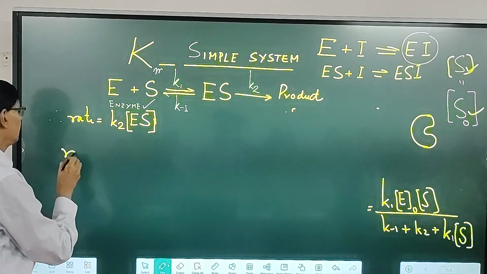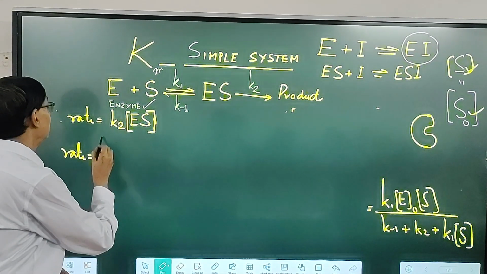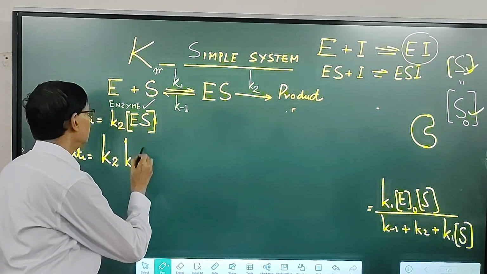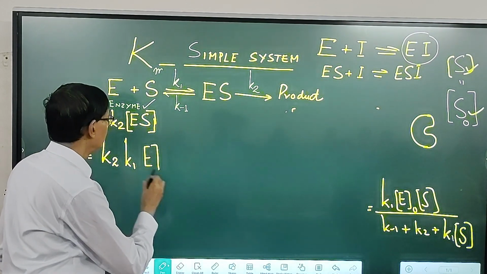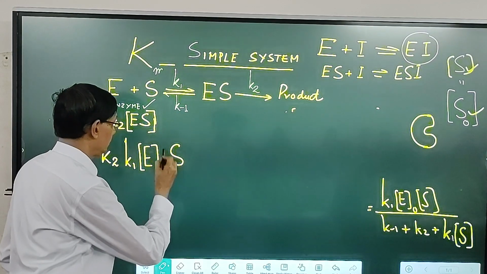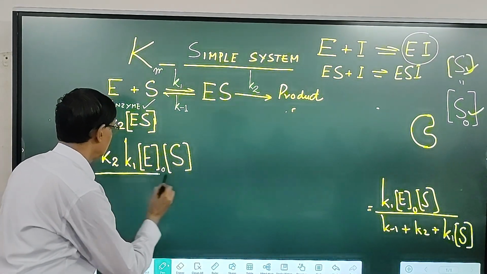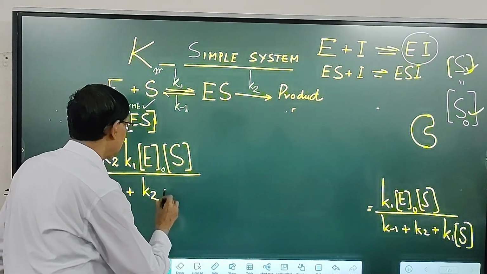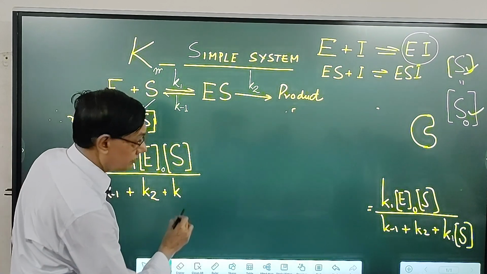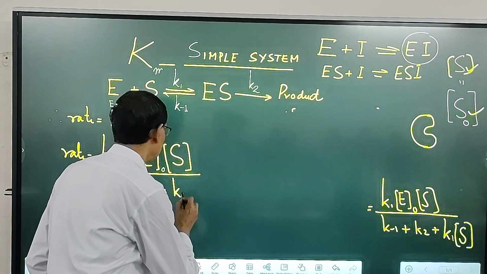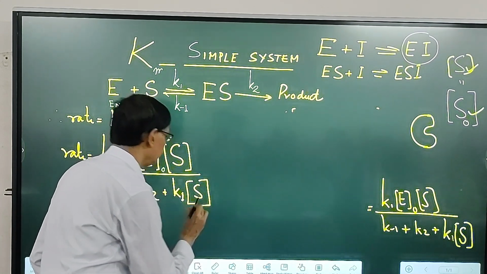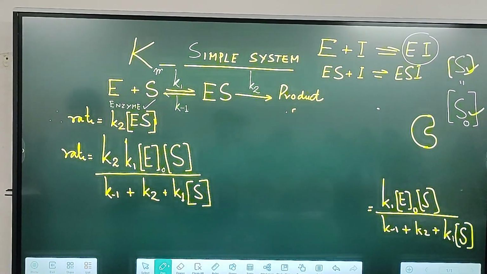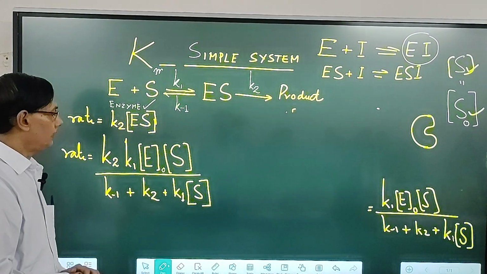So last point is that rate, now K2 as usual, K1, E0, S. Actually, if you read the biography of the Michaelis-Menten research paper or the history, they have done a lot of work, and sometimes it was thought to be empirical, but ultimately they got the final results for that.